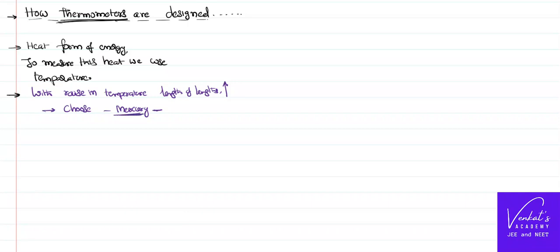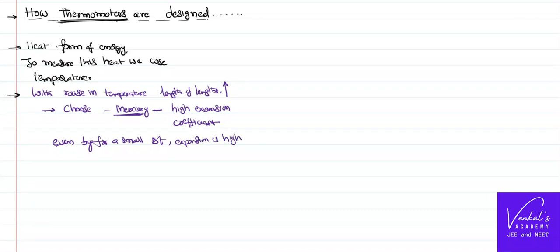Why mercury? It has a high expansion coefficient. The meaning of a high expansion coefficient is, even for a small change in temperature, the expansion of the mercury is big enough to measure and experience. That's why we use mercury.